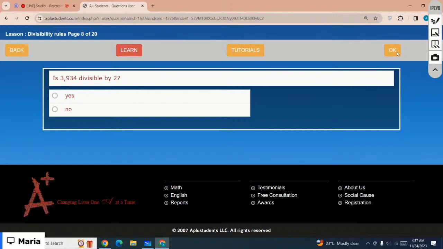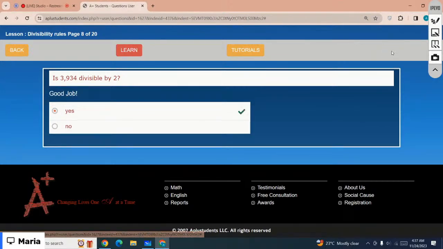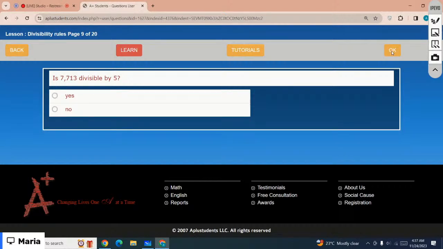Okay, the next one is: is 3934 divisible by 2? Yes or no? The correct option is yes. The last digit is even. 4 is an even number, so it is divisible by 2. Very good. Okay, is 7713 divisible by 5?